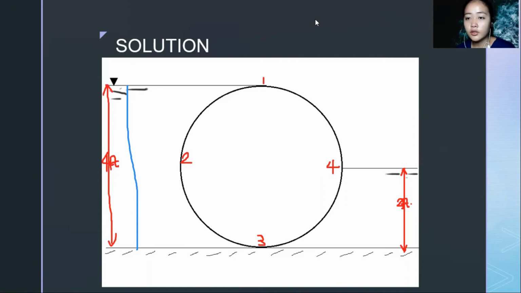Next we're going to find the horizontal force acting on point 3 and point 4. Again, we're going to project the curved surface to a vertical plane, here.